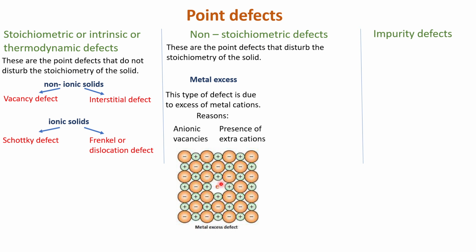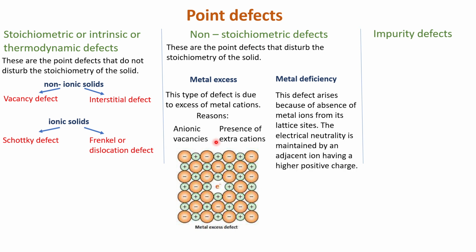Because of the space over here, the electron is present, not the anion. Overall, the number of cations is more than the number of anions. This is called a metal excess defect.